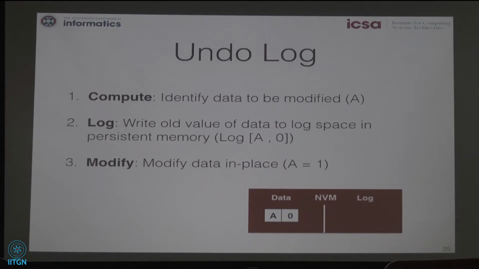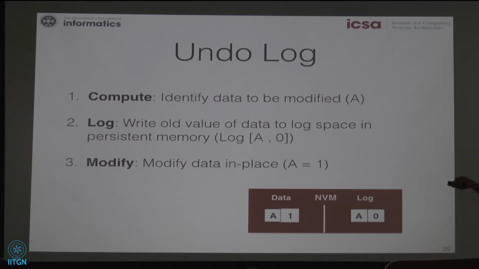If I were to implement a program or a transaction with undo log, I would do the following 3 steps. I would first compute, which is identify the data that I want to modify as part of the transaction, which is A in this case. Then I would write a log entry which consists of the old value of that cache line along with the address of that cache line. Since the old value of that data is 0, I would write a log entry which says that cache line A has the undo log entry value 0.